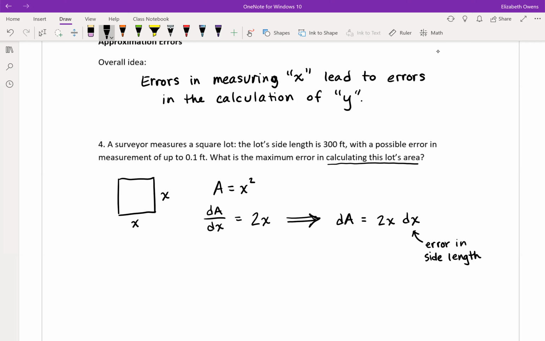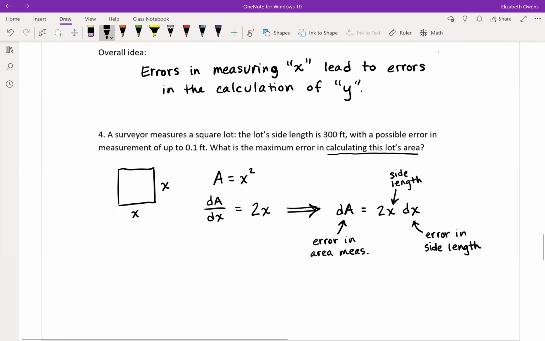And similarly, dA, a little change in A over here, that's a little error in the area measurement. And then x here, of course, is the side length.